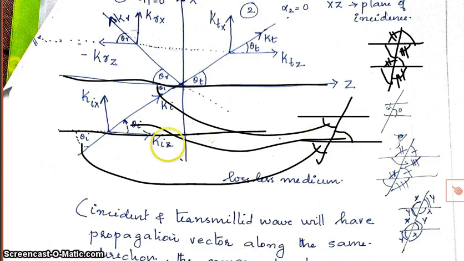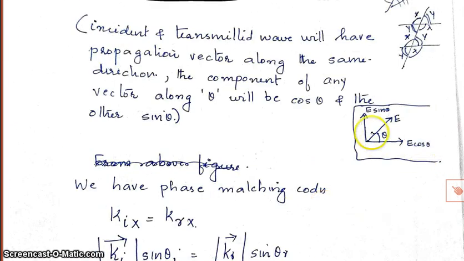Okay, so now the next point that you have to keep in mind is, if you have any vector, let it be E or A, whatever it is, it can be resolved into two components, a parallel component and a perpendicular component.